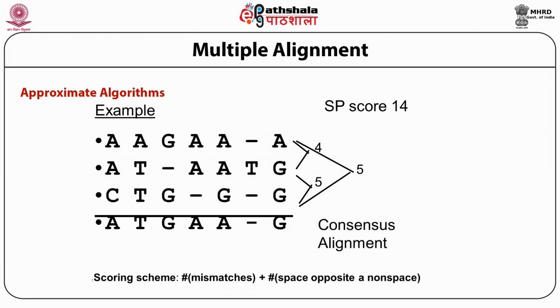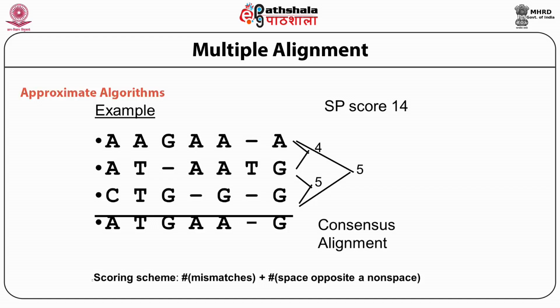Sequence 1 and sequence 2 align with a score of 4. Sequence 2 and sequence 3 align with a score of 5, and 1 aligns with 3 again with a score of 5. Now the best alignment here has a score of 14, which is the sum of the score of every pair. So again, do whatever you like, but try to obtain the largest score.